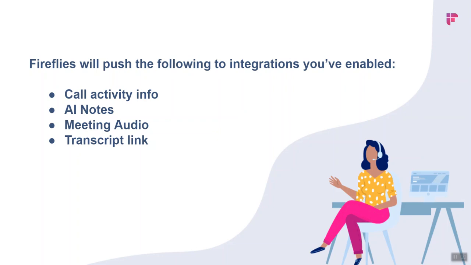There's a bunch of machine learning going on under the hood where it's able to identify and pull things together. It'll also send the meeting audio and a transcript link to the integration. We're working on ways to get the entire transcript into some of these systems, but that's a limitation on the integrations we support. So we just post the transcript link that you can click on to view the transcript if needed.